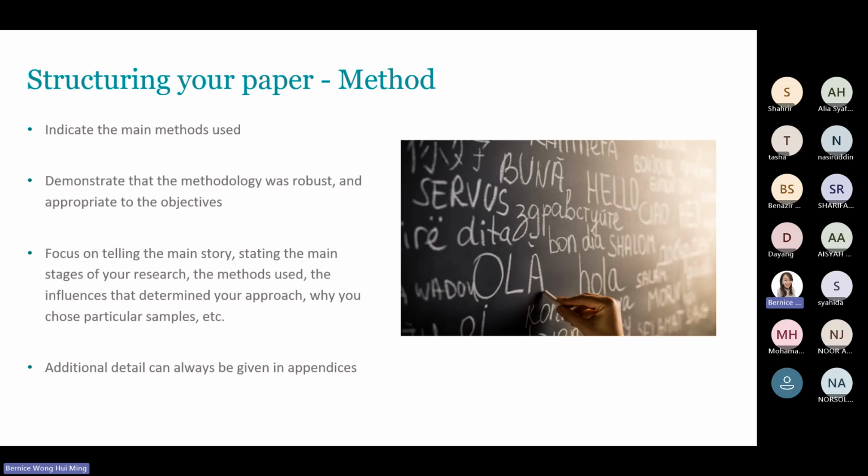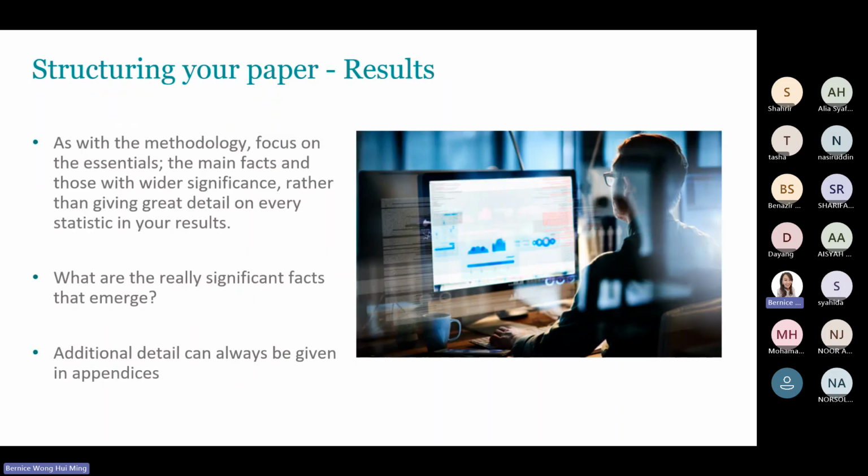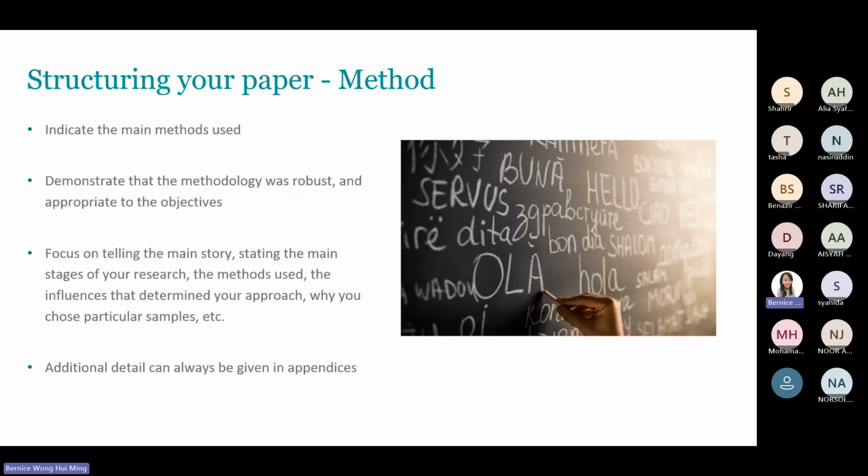Next, methods. Indicate the main methods used only. Demonstrate the methodology was robust and appropriate to the objective. For the methods, you only need to tell the main story regarding which method you used.